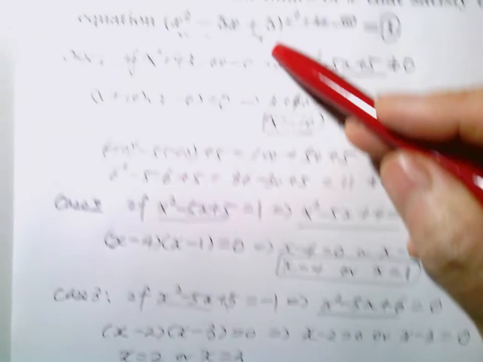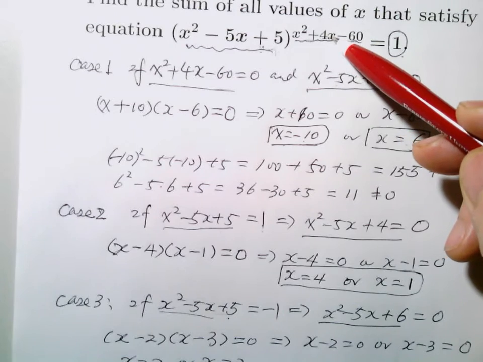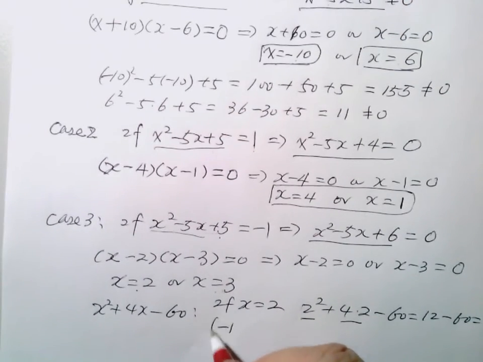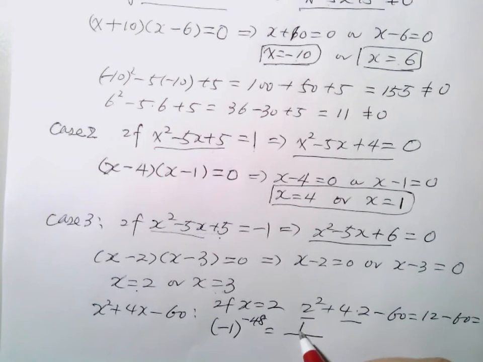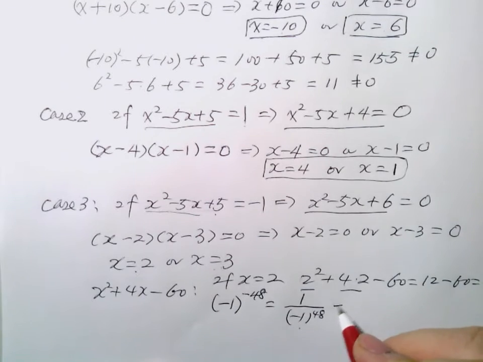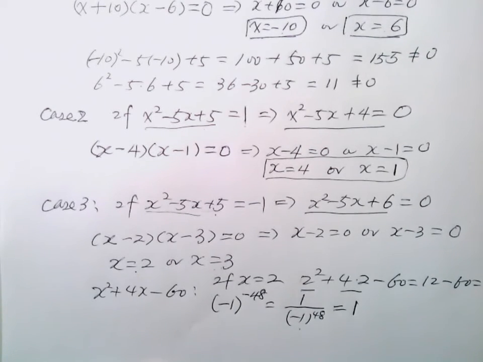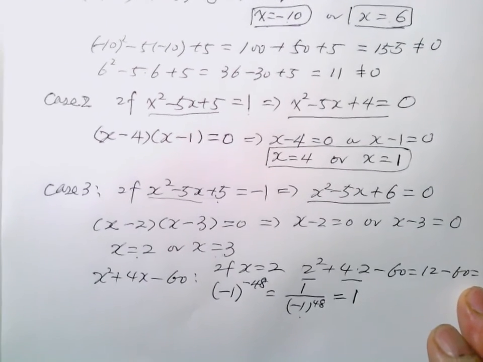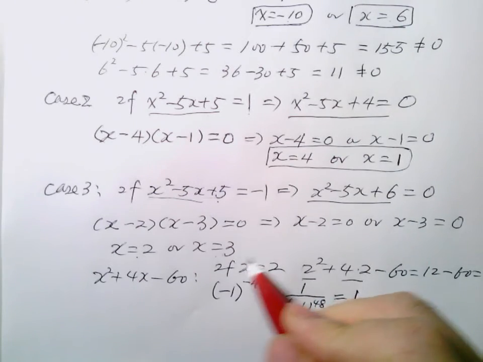So you have negative 1 raised to negative 48, which is 1 over negative 1 raised to 48, which is a positive 1. So eventually that's equal to 1. Okay, x equals 2 works.